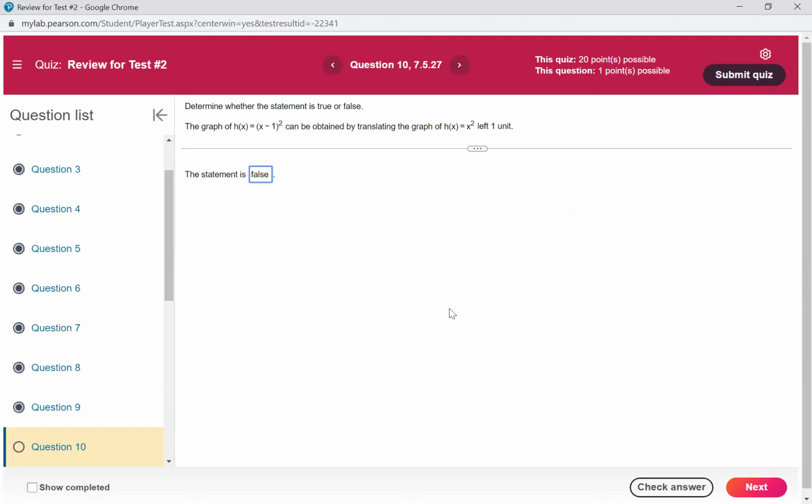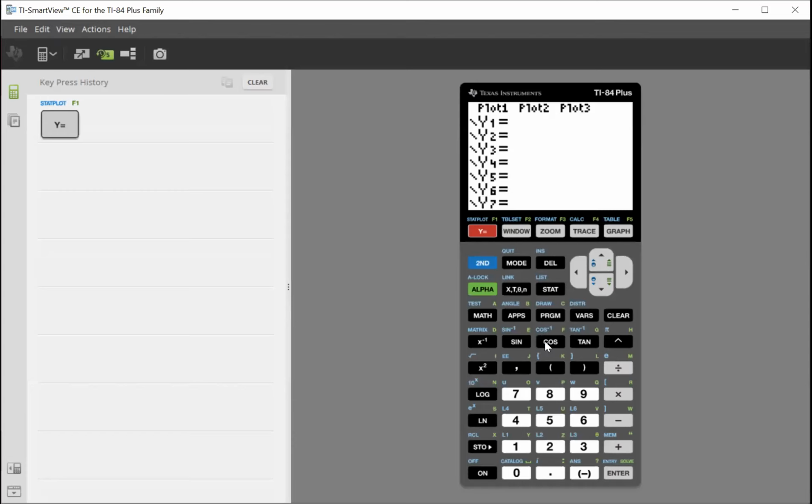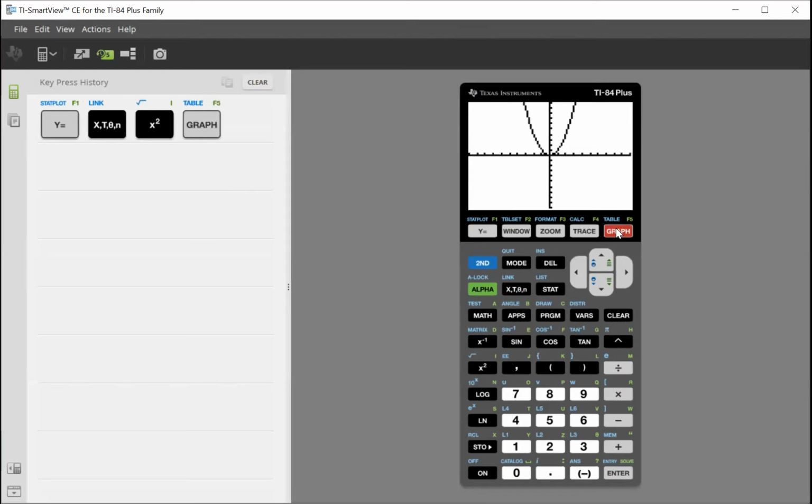I'm going to show you how, if you don't remember, watch what I can do on my calculator. So I'm going to share my calculator just to show you. So if I was at y equals, and I just did the regular x squared graph, watch this. The x squared graph is right in the center of this graph, okay?